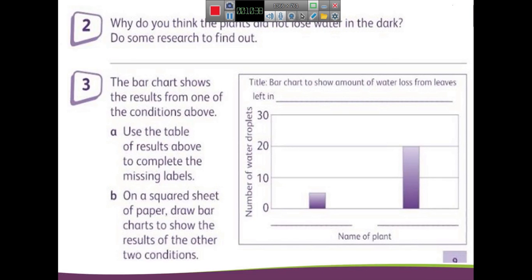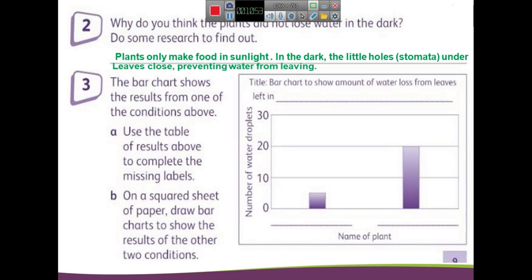Why do you think the plant did not lose water in the dark? Because plants only make food in sunlight. In the dark, the little holes, stomata, under leaves close, preventing water from leaving.